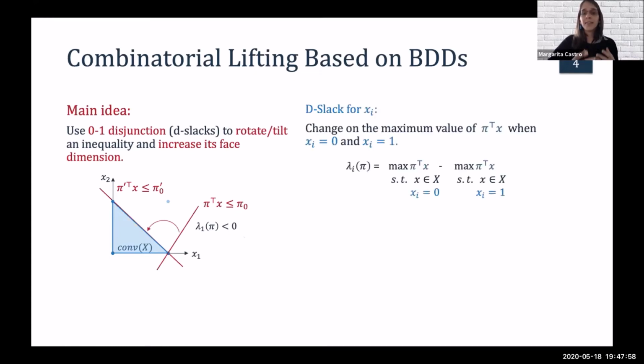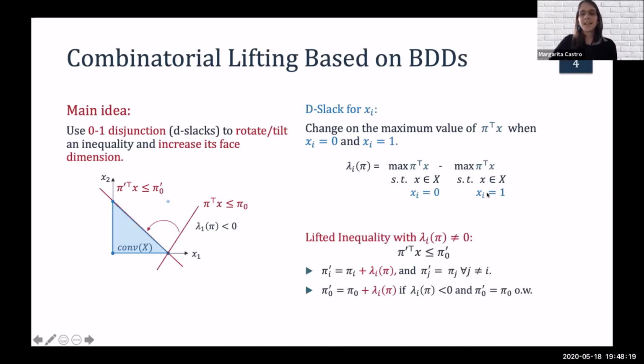The main idea of these D-slags is that they measure the change of the maximum left-hand side value of the inequality, whether we fix the variable to be equal to 0 or to be equal to 1. So it's basically the difference between solving these two optimization problems. The nice thing is that if we choose any of these D-slags that are different from 0, the lifted inequality is quite easy to compute.